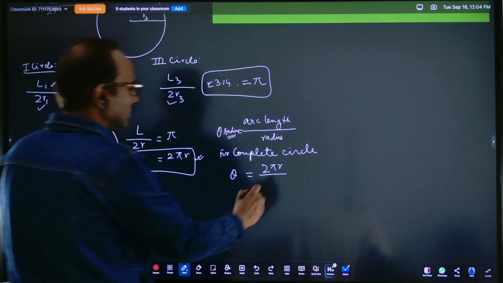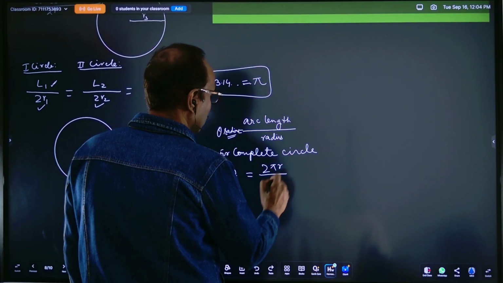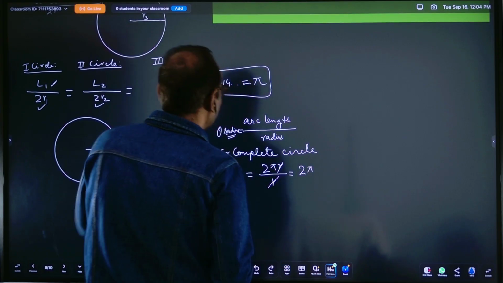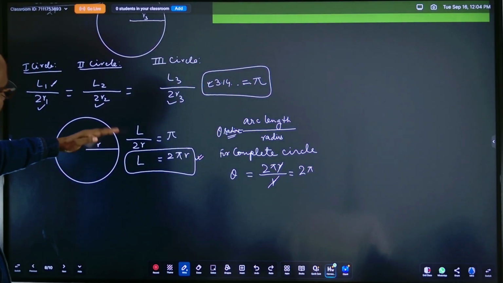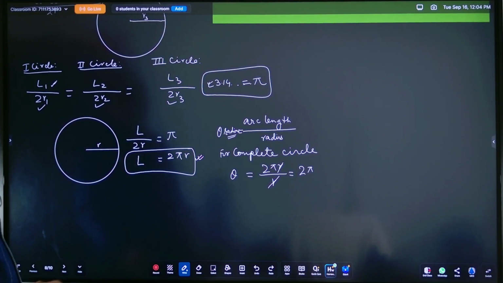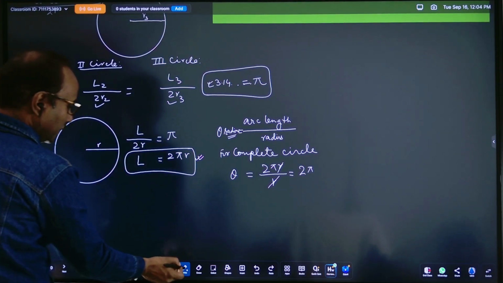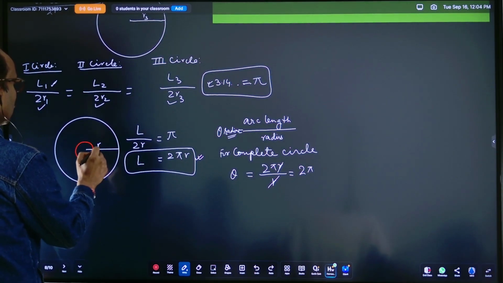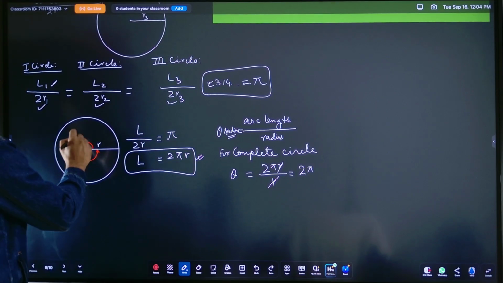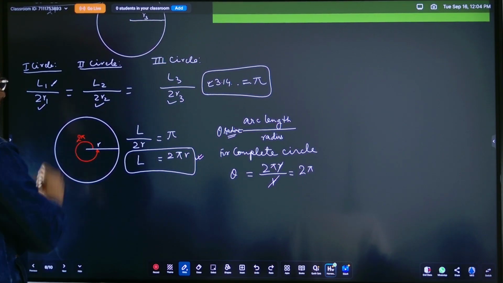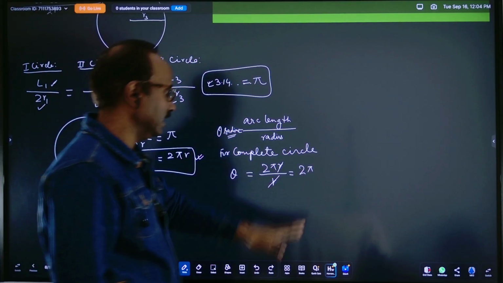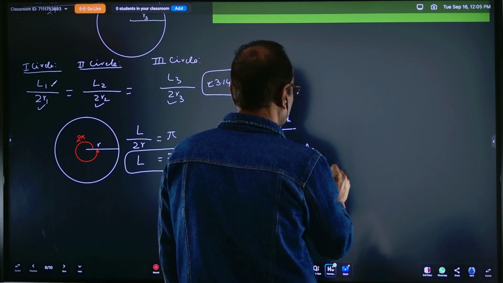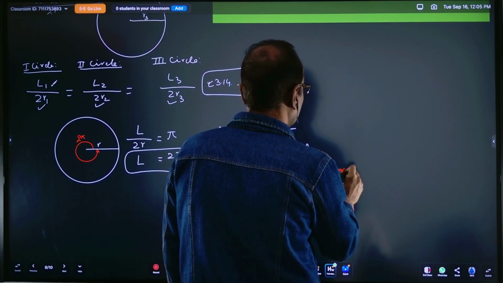Divided by the radius r. So for the complete circle, the angle is 2 pi in radians. This is also an angle, the radian, the way it has been defined. So this is 2 pi radians.